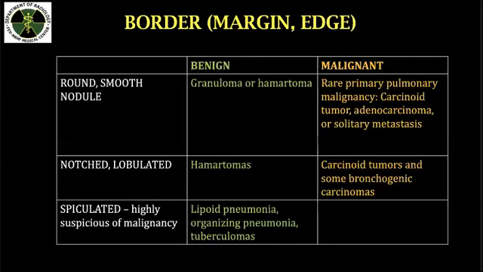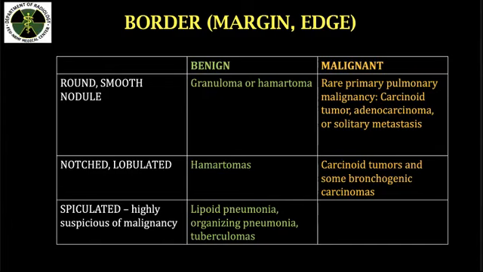For the borders, we also look at your solitary pulmonary nodule's borders. For example, in a round smooth nodule, if considering a benign nodule, the differentials could be granuloma or hamartoma. In a round smooth nodule with suspicion of malignancy, the differentials are rare primary pulmonary malignancy, carcinoid tumors, adenocarcinomas, or even solitary metastases.